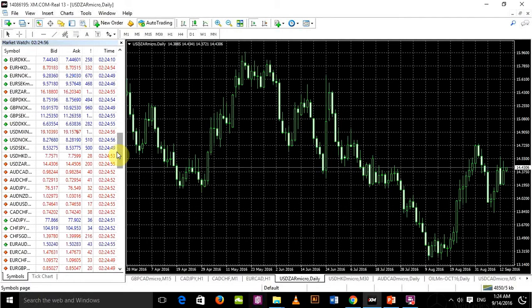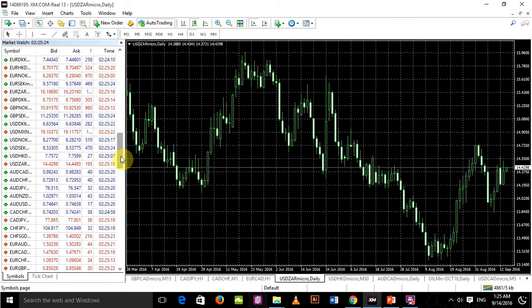You've got major currencies, which are your USD, your Japanese yen, your Canadian dollar, your Australian dollar, your British pound, and the euro. The second group are the minor currencies. And finally, you've got exotic currencies.